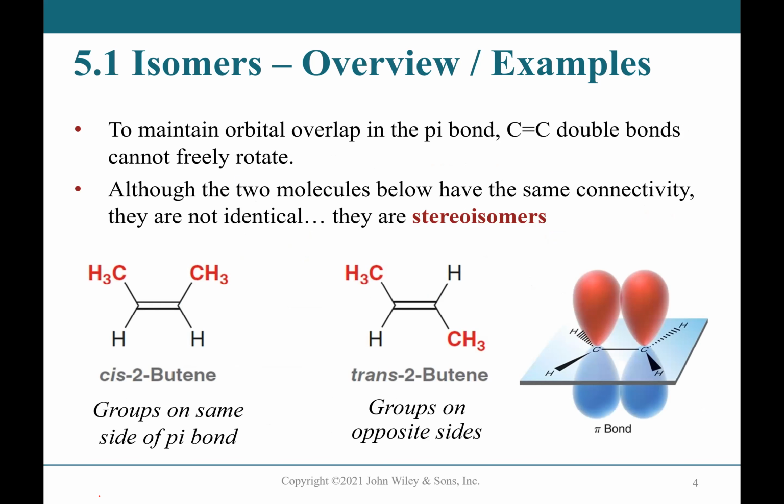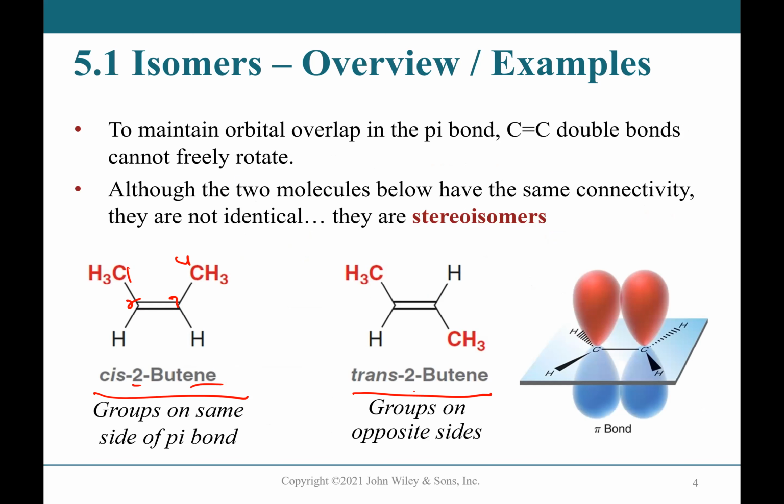Again, another example of stereoisomers where you have cis-2-butene and trans-2-butene. If we count this as 1, 2, 3, 4, at the 2 position you have a double bond and it's cis.